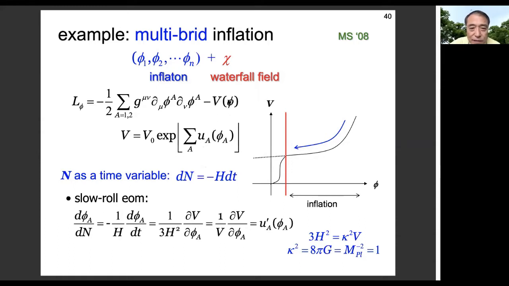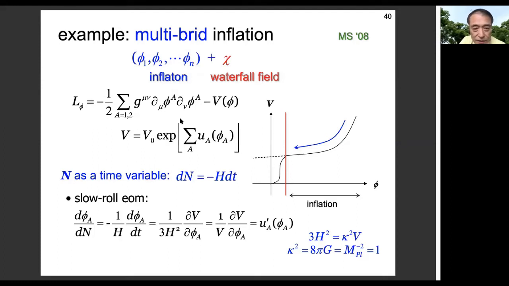Now, assuming for simplicity that the potential can be written as a product of the potentials of each component, then if you exponentiate it, in the exponential argument you will have just a sum of some functions of each scalar field.